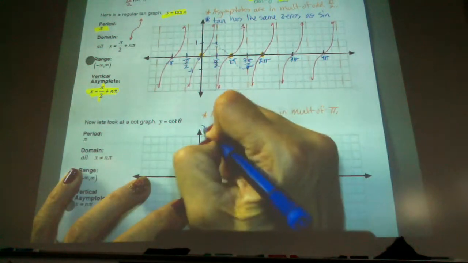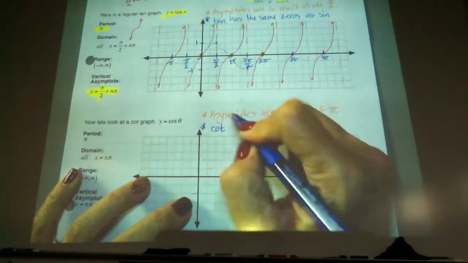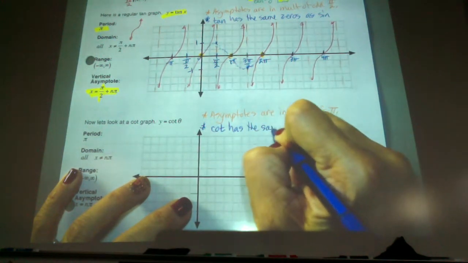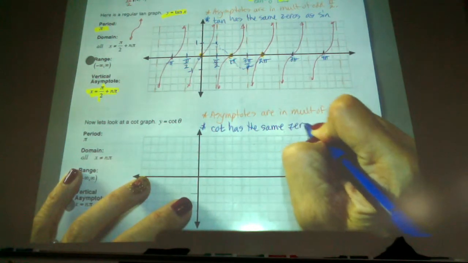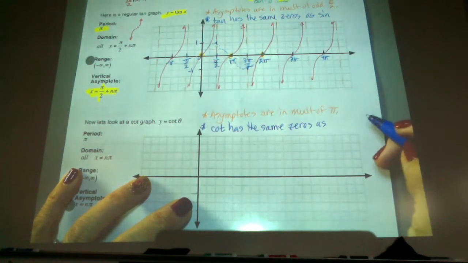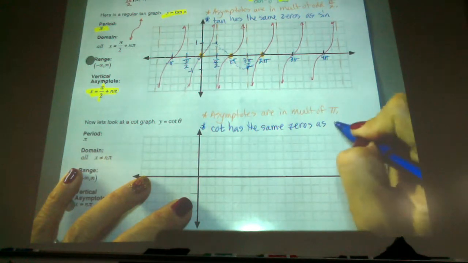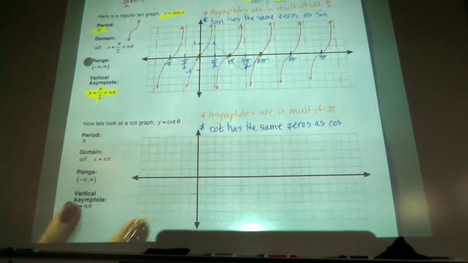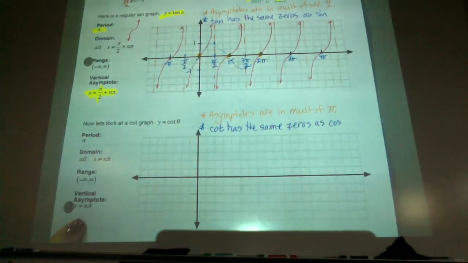Then cotangent has the same zeros as, what do you think? What's in the numerator? Cosine. Cosine's in the numerator of cotangent, because cotangent is cosine over sine. So therefore, when cosine is 0, so is cotangent.